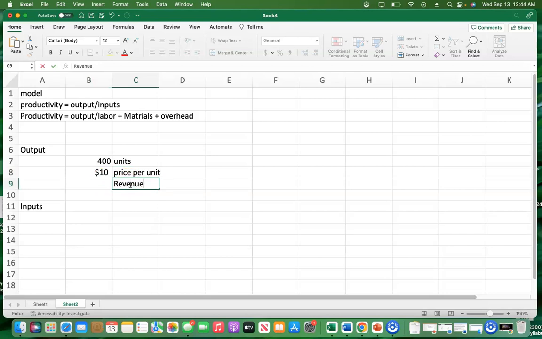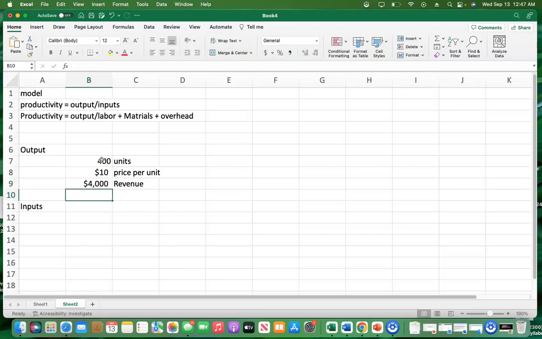We know that revenue is the price times quantity, or times the units. And so we will use an Excel function. For the function, you can use equal sign, or you can actually apply plus. Either way, it's okay. Let's use equal sign for now. We're going to take the price times the quantity. So we'll click on the price, which is $10, times the quantity.